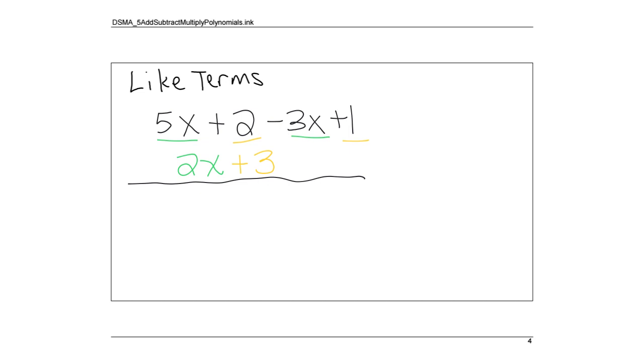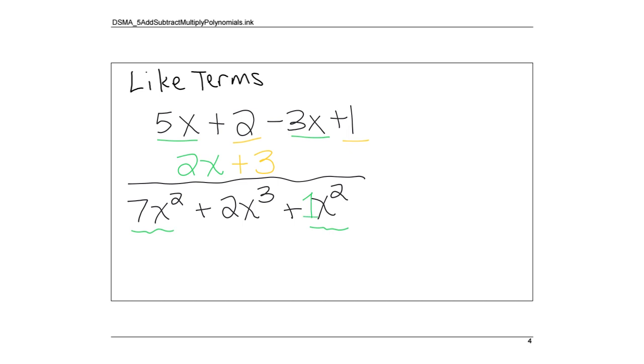Now, this also works with variables. Let's say I have a 7x squared plus 2x to the third power plus x squared. All right, so because this is addition and subtraction, now this was different when we were multiplying and dividing, then we could use exponent rules, but this is addition and subtraction. So my only like terms are the 7x squared and, of course, the 1x squared.